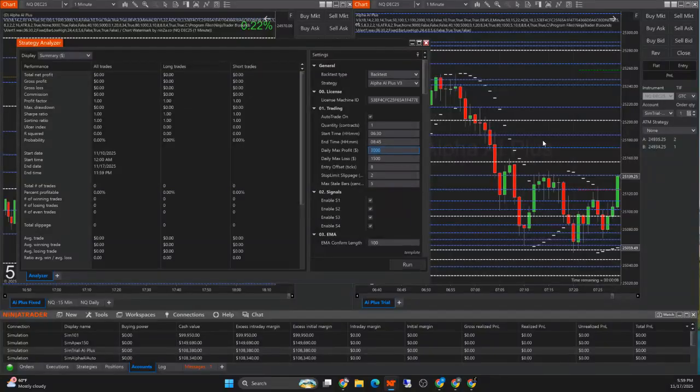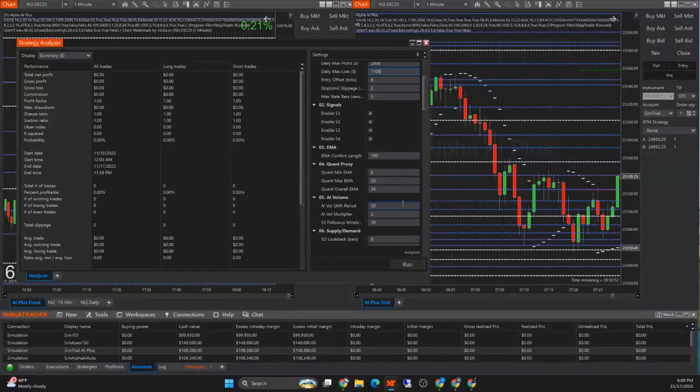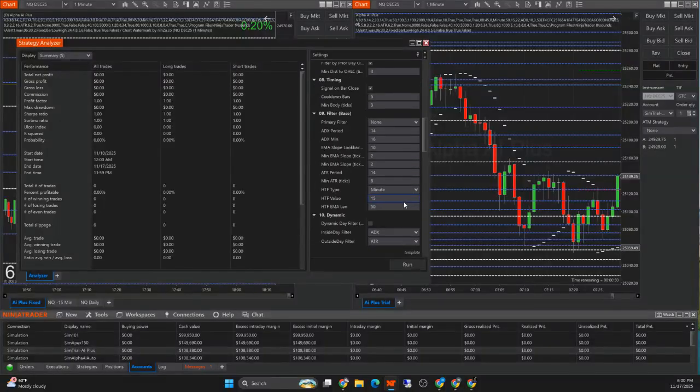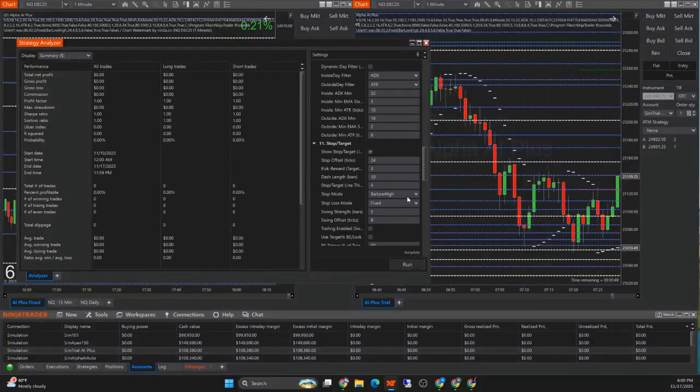I want my profit target to be around, let's say, $2,000. My loss is $1,100, same as the trailing stop, and now I want it to be bar high and low, 24 ticks. I want to make 2-to-1 risk reward. So whenever I make profit, I want the profit to be double.